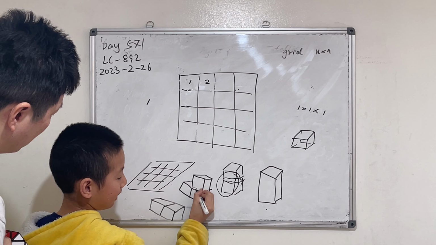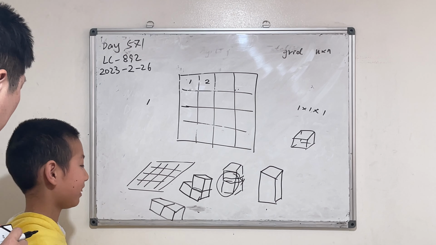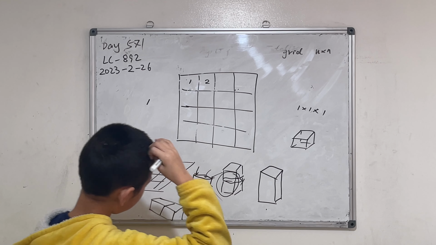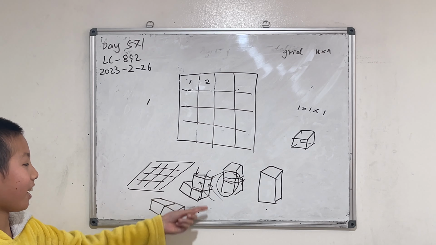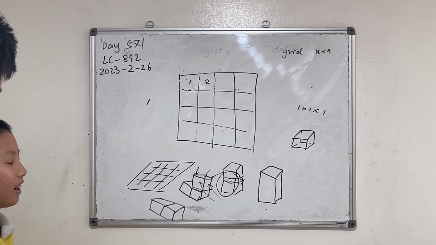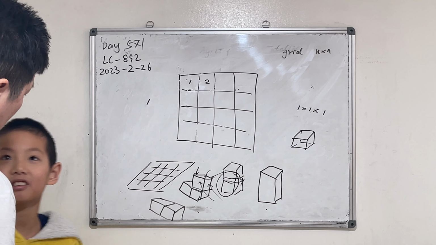This one surface is gone, and then we have 5. There's 5 surfaces left. So it's 9 plus 5. It's not 10 because this one is gone.